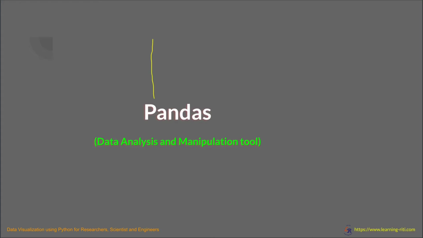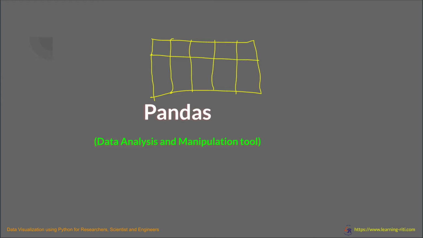So you can think of a data frame as a tabular form, something like this. Let's say these are your columns, and these are your rows where your data will be filled. And the additional part of the data frame is that it has an index along with it. So these are the column index, and this is the row index with it.